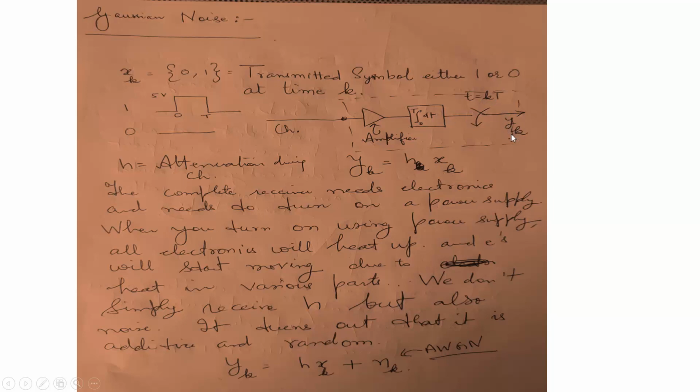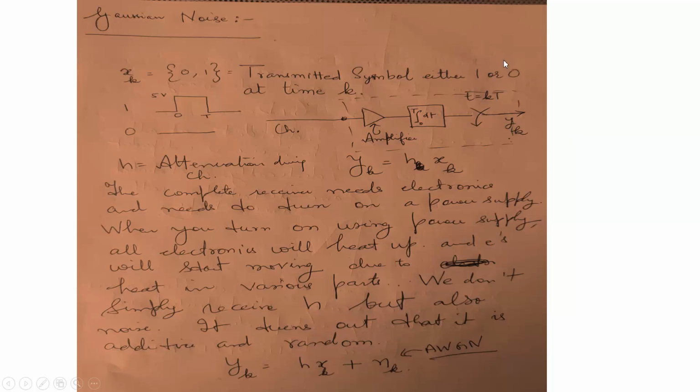Then you get yk, which is the received signal. So the overall system can be expressed with this equation: yk equals h xk. Xk is of course the transmitted symbol, h is the attenuation in the channel, and yk is the sampled version of the received signal.